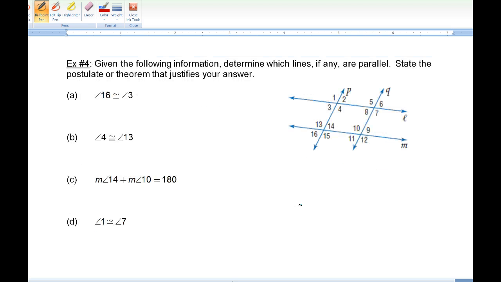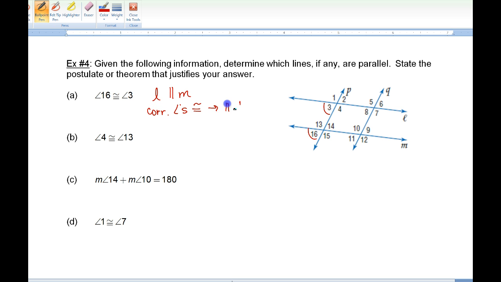Okay, in example 4, we want to determine which lines, if any, are parallel and state the postulate or theorem that justifies the answer. So if 16 and 3 are congruent, P would be the transversal, but it's going to make L parallel to M. And the reason is these are corresponding angles.